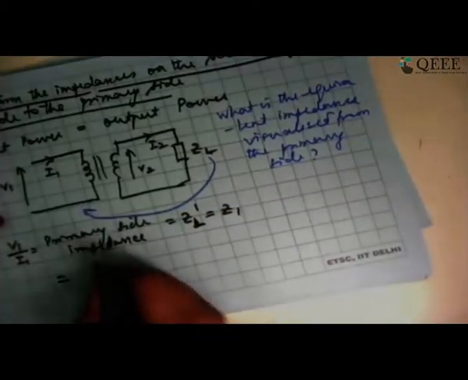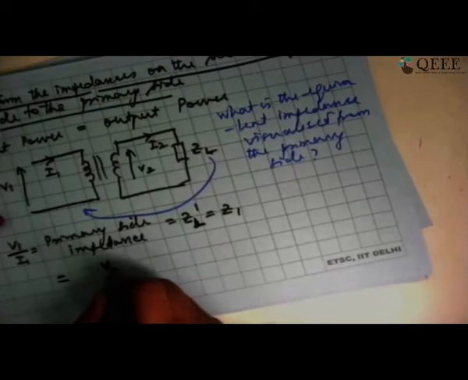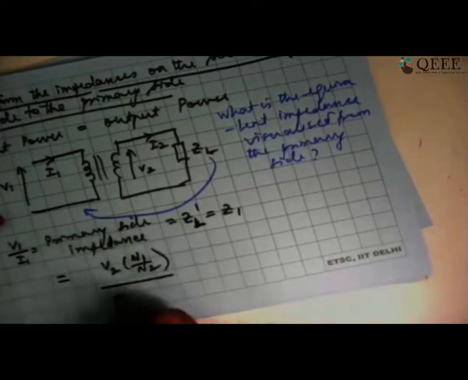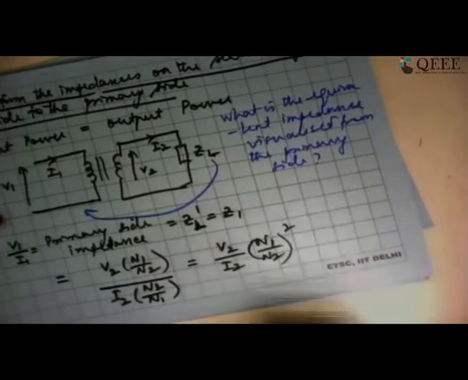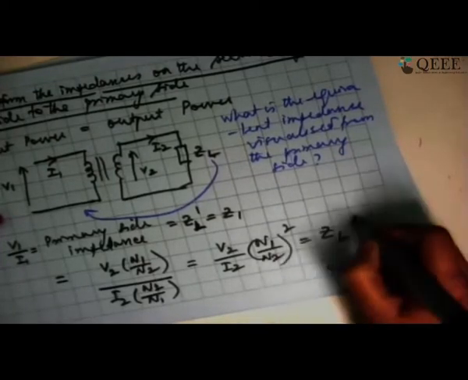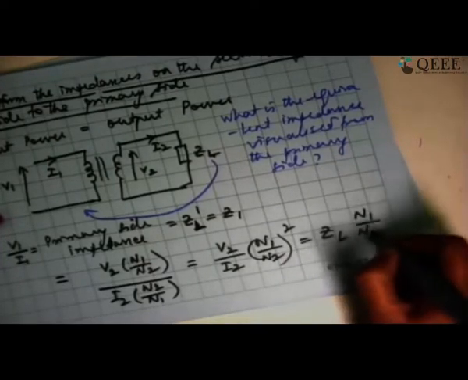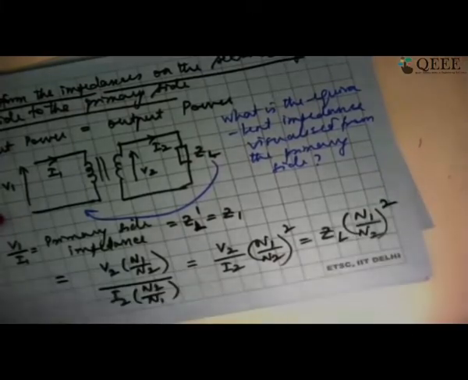That will be equal to, so V1 basically we wrote it as V2 into N1 by N2. And similarly I1 we wrote it as I2 into N2 by N1. And then when we took it together, we said V2 by I2 multiplied by N1 by N2 the whole square. This is what we did. And V2 by I2 is ZL. So ZL multiplied by N1 by N2 whole square was our equivalent impedance visualized from the primary side.